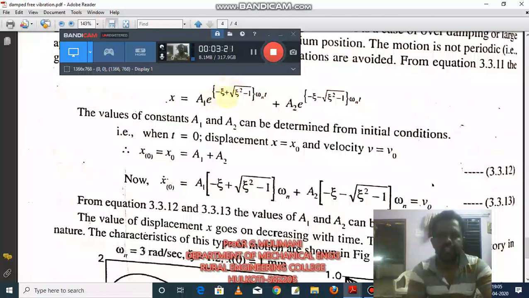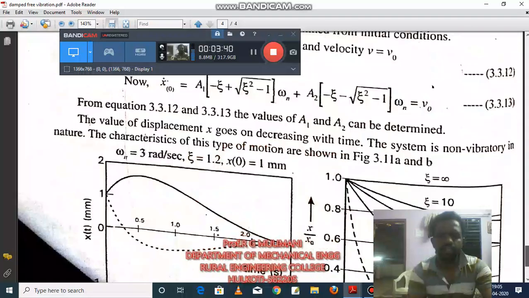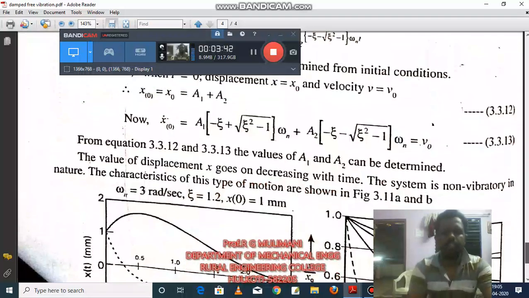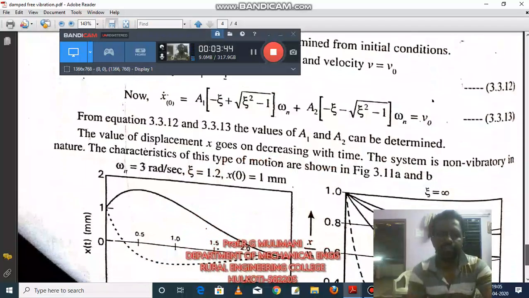That is x into e raised to x. So this is the differentiation of the displacement equation. Now we have the two equations, the initial displacement equation and the initial velocity equation. By these two equations we can determine a1 and a2.